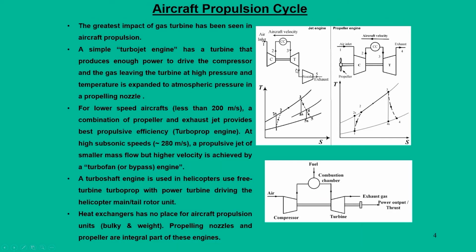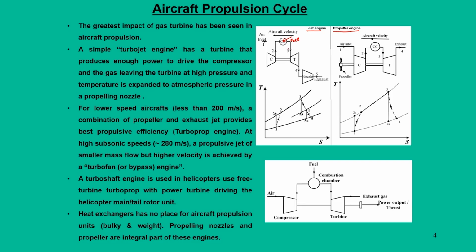Let us try to understand the very basic concepts. Here the same Brayton cycle was modified in two forms. We have two concepts here: one is called the jet engine concept, the other is called the propeller engine concept. In a jet engine, air comes to the compressor and is compressed, and in the combustion chamber you add fuel.